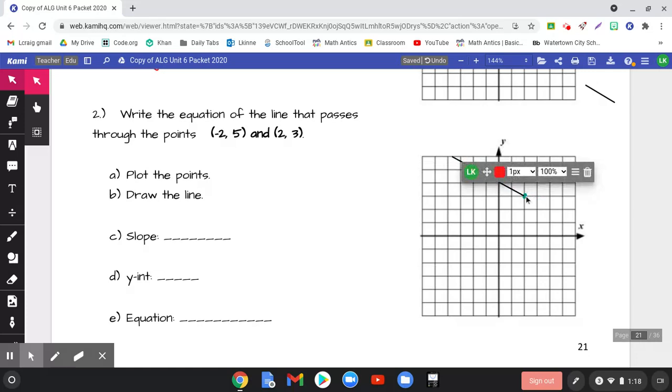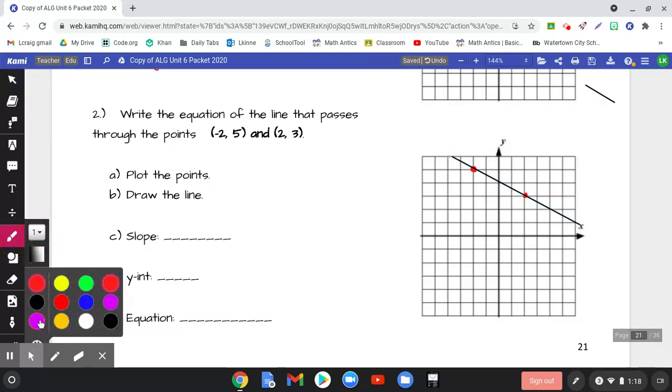But really, we're just focused on finding the slope and y-intercept. Okay, there we go.